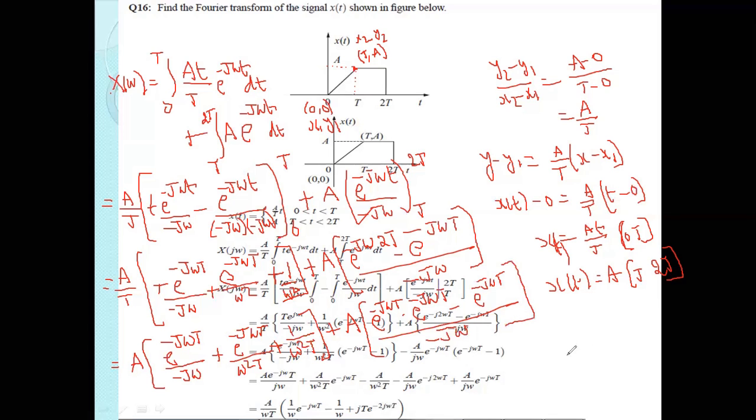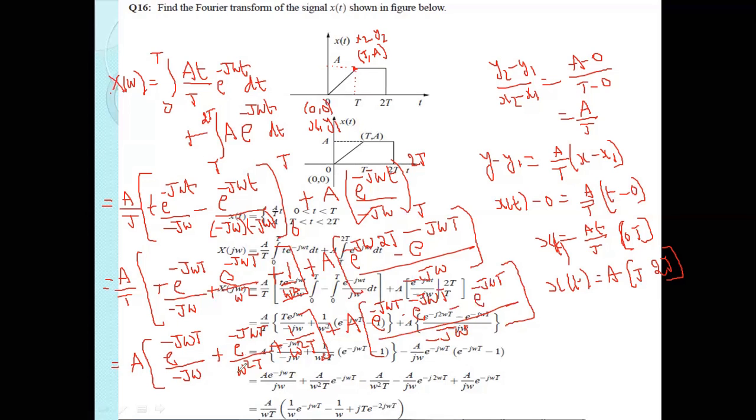Split it as two parts. Okay, my dear students. Now simplify. So finally, e power minus j omega T by minus j omega is here.